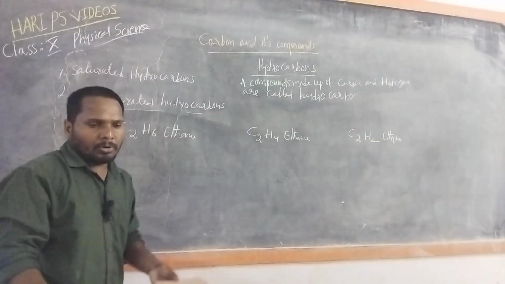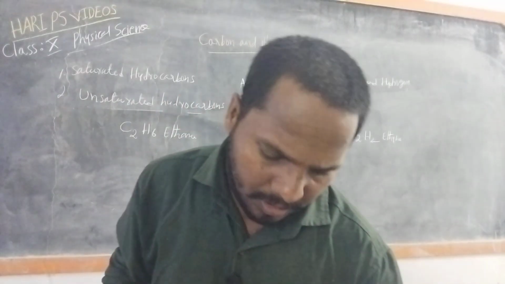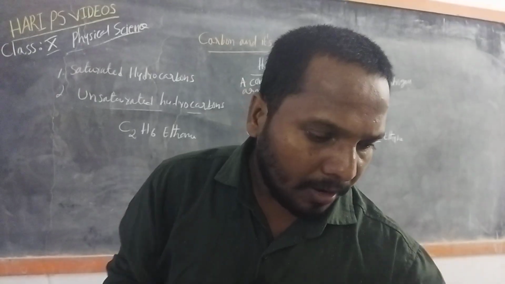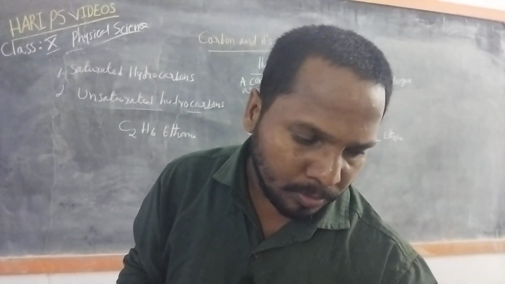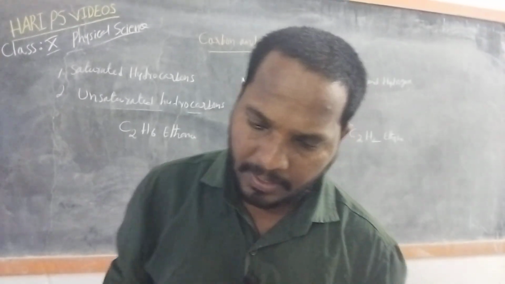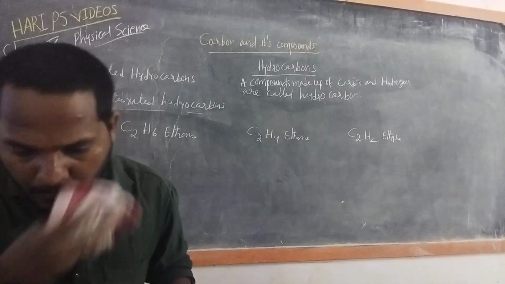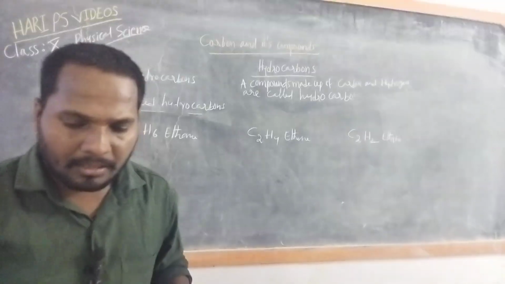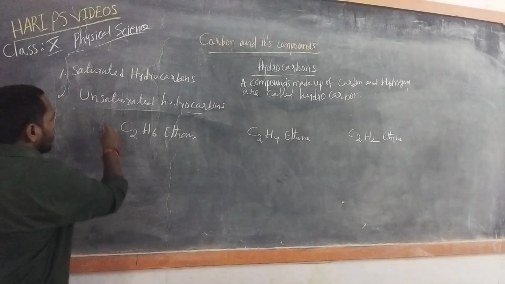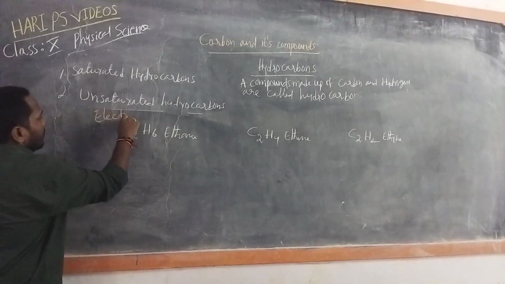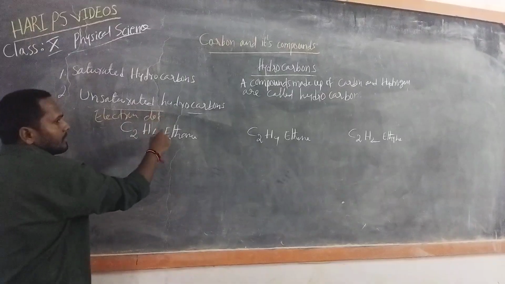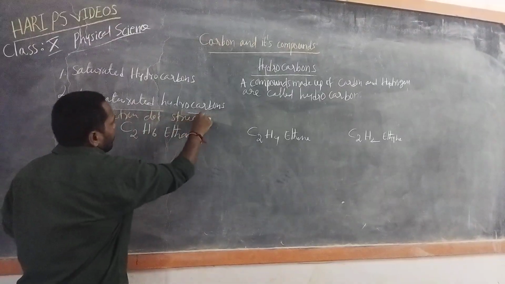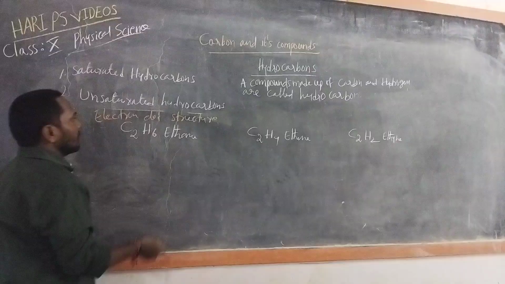So let us write the electron dot structures of these three compounds for understanding how the bonds are formed.